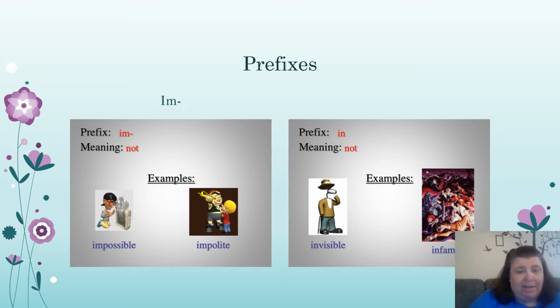If we add im before it, it becomes impolite, which means not polite. Then if we look over here on the next one, we have in, which also means not. So we have visible. If we put in in front of it, it becomes invisible, so not visible. And then we have famous. We add in at the beginning, and it becomes infamous, meaning not famous.